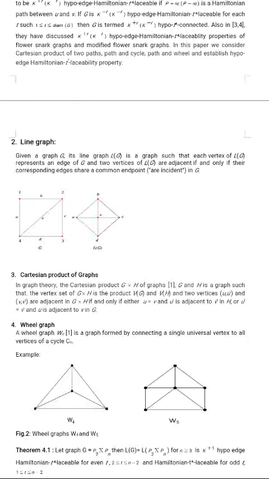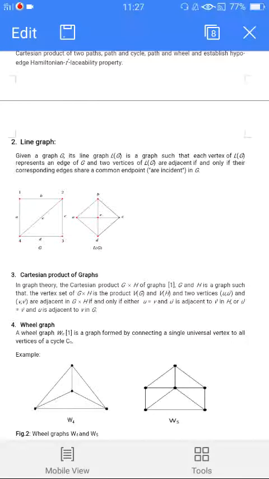Then Cartesian product: suppose there are two graphs G and H, then the Cartesian product is denoted by G cross H, and it has to satisfy the following properties. What is the number of vertices in G cross H?